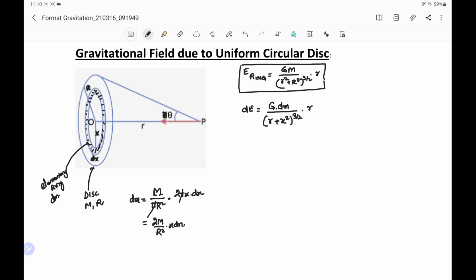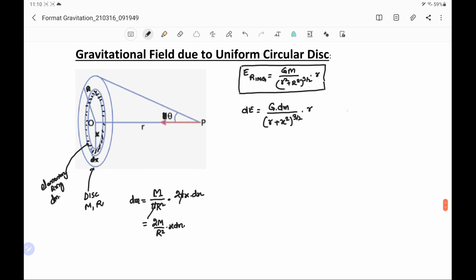So this is the elementary field due to the ring. And the direction of this field is directed along the axis towards the center of the ring. It means it wholly contributes to the net field.